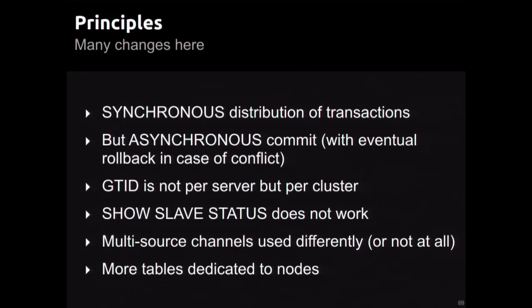The biggest difference that you have between group replication and multi-source replication is that the GTID is not per server anymore. It's per cluster. So every transaction that you find in the binary log will not have the GTID of the server.